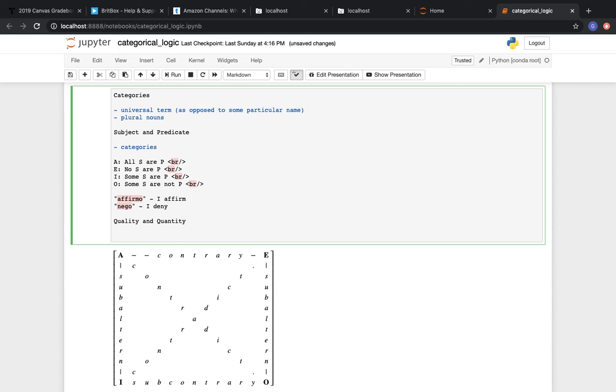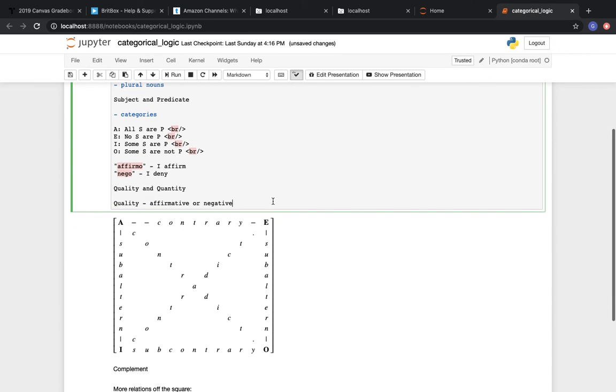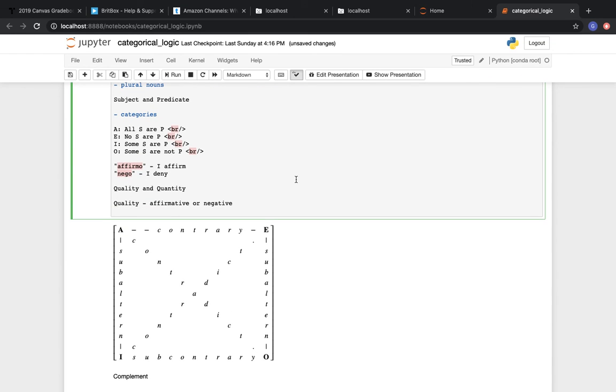And this is, in fact, what we mean by quality. So quality can be affirmative or negative. Now, the other distinction that is drawn between these four types of claims is a distinction in quantity. And quantity can be either universal or particular.